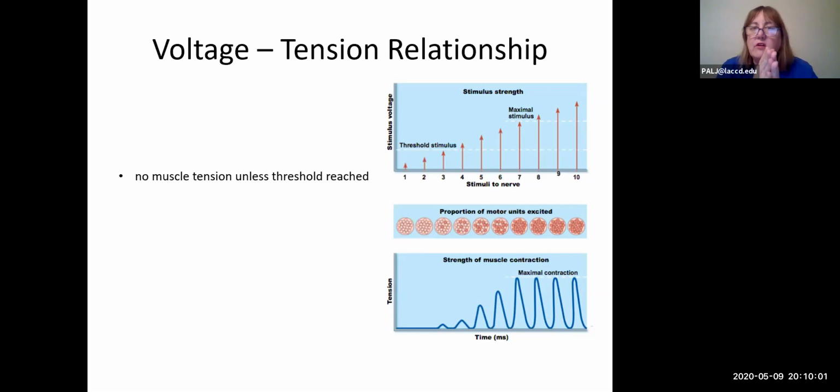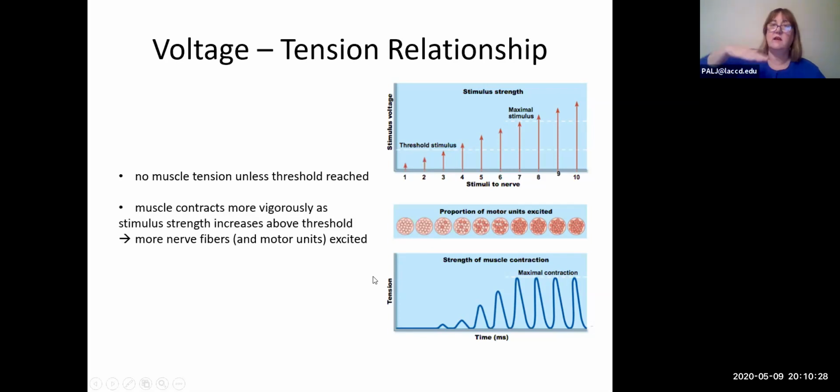But starting with number 3, we're actually starting to have a muscle contraction because we have reached the threshold. Once you have reached the threshold, if you have a stronger stimulus, measured by voltage, then you are going to have more motor units being activated, giving you a stronger contraction.